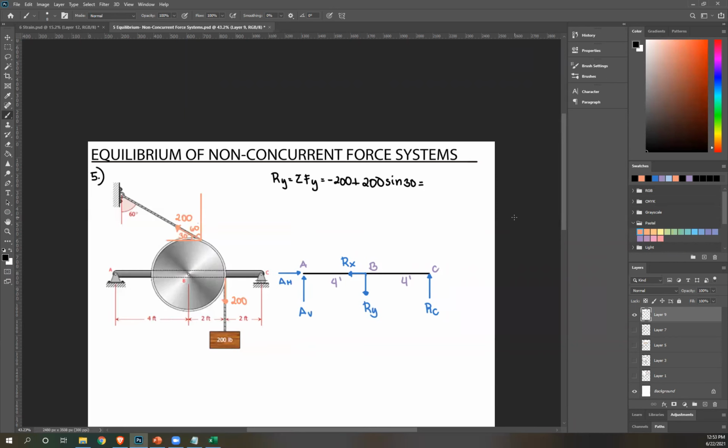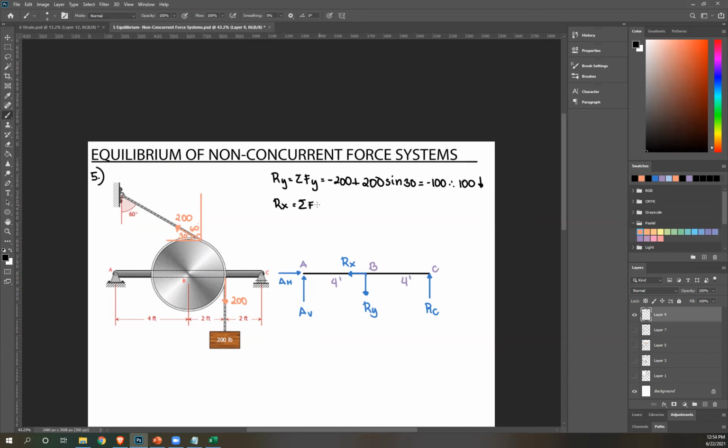Now, in this case, the negative sign does not denote whether my assumption is correct or not. It actually shows the direction of the resultant. So meaning Ry is 100 pounds downward. Okay, so this is correct. Ry is downward. Next, Rx.